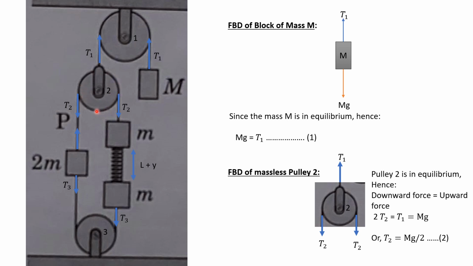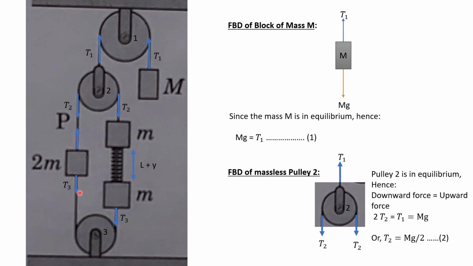In pulley 2, if you see this thread, the second thread we have taken the tension as T2. It is again a massless thread. So at all points in the thread, the tension will be T2. Okay.